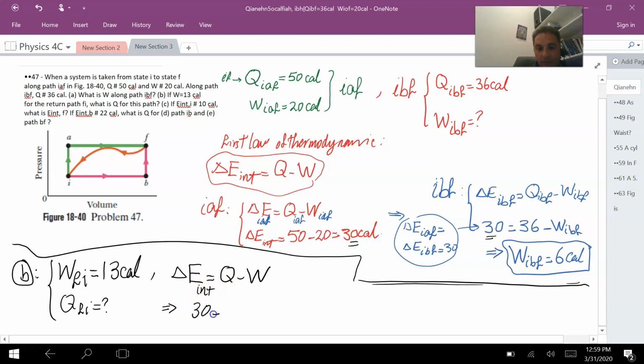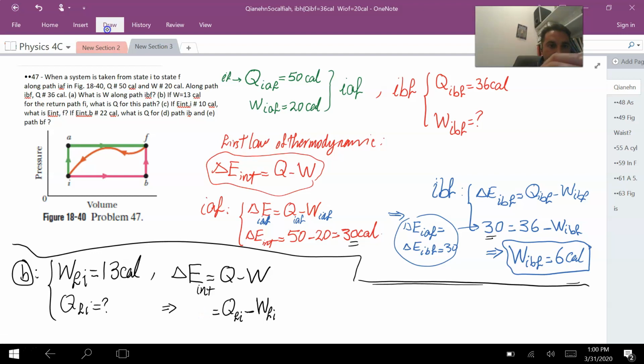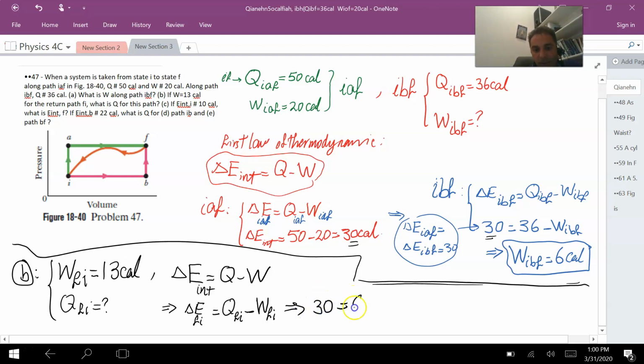So 30 equals QFI minus work done in FI. Let me write this one, delta E in FI. Therefore, here I will say 30 equals QFI, which is unknown, minus WFI, which is 13.